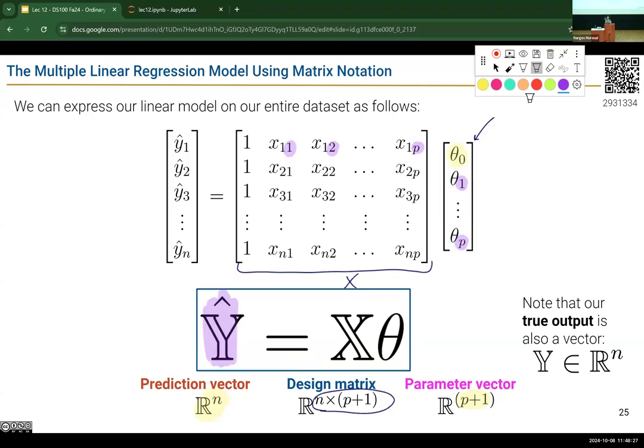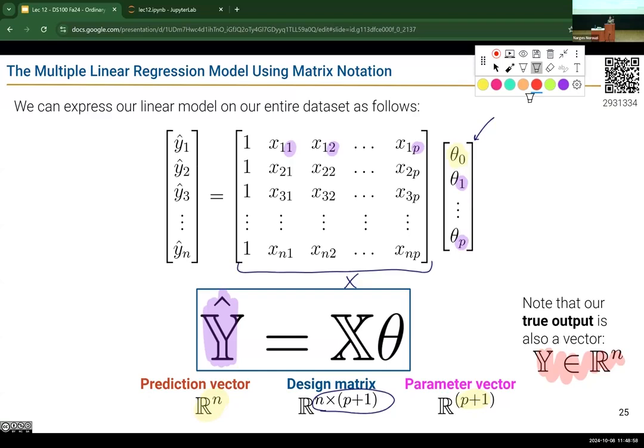And then our ground truth is also a column vector of scalar values. So we have two vectors of the same dimension, which means we can calculate the distance between the two vectors. What we want to make sure is that this vector of all of the predictions and the vector of ground truth values are as close to each other as possible.